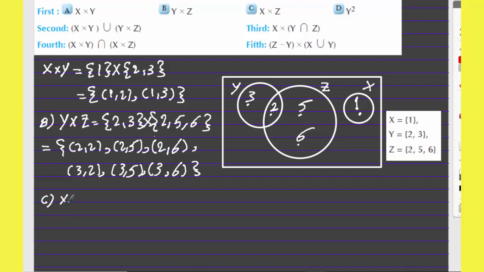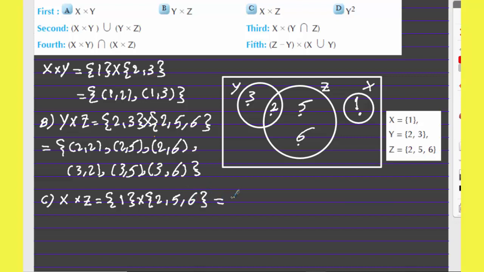Now we will find c, x Cartesian product z, which equals, we write the set x at the first in the same order, and z, it is 2, 5, and 6.